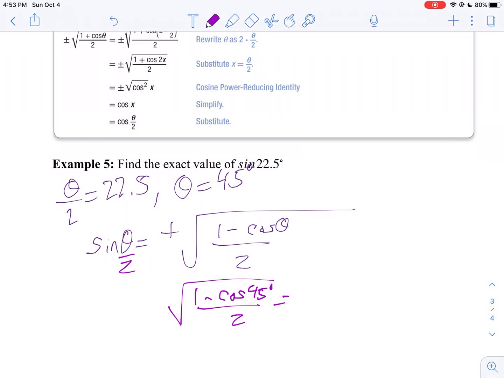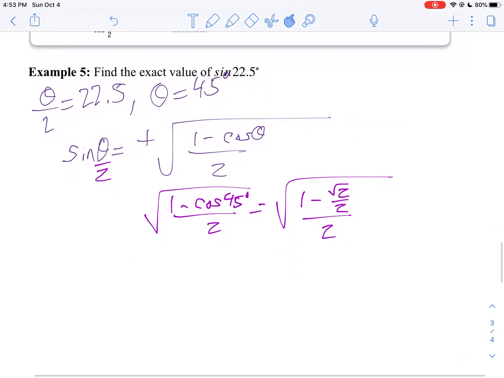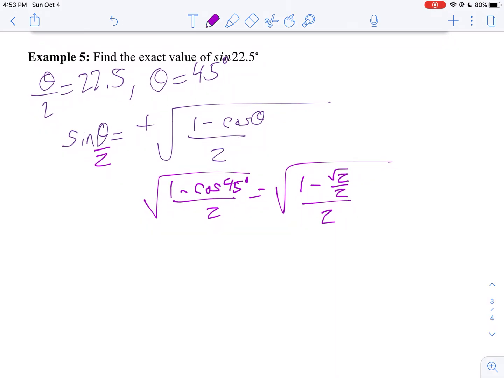So it's the square root of 1 minus the square root of 2 over 2 all over 2. Ooh, a lot of 2's there, isn't there? Well, let's rewrite the numerator with a common denominator. So the square root of 2 minus the square root of 2 all over 2, and that's all over 2.